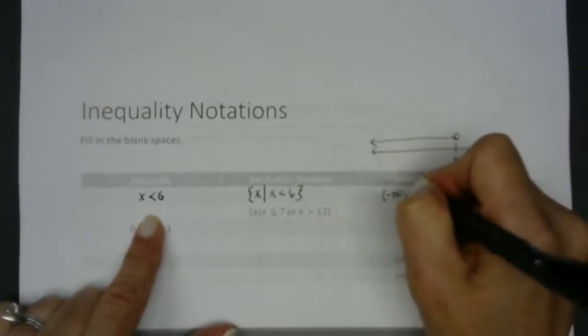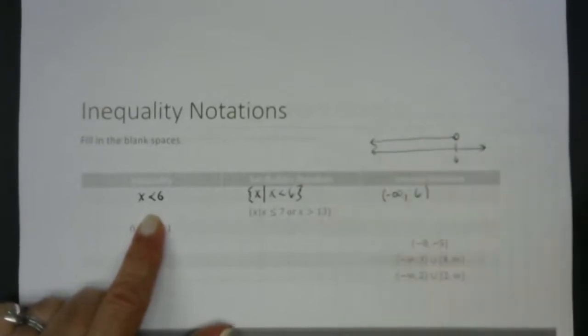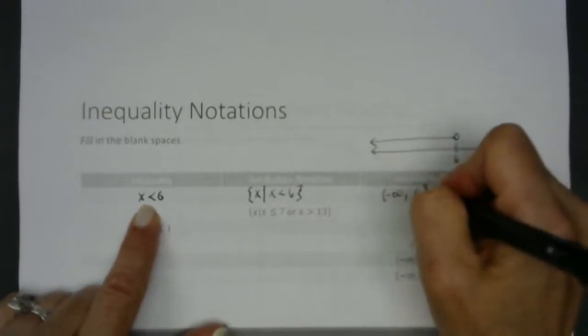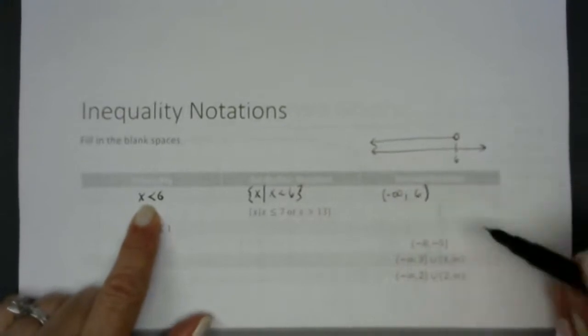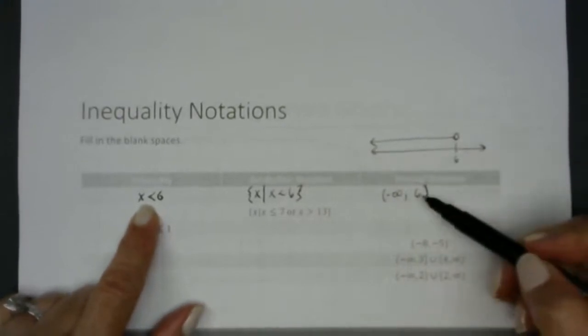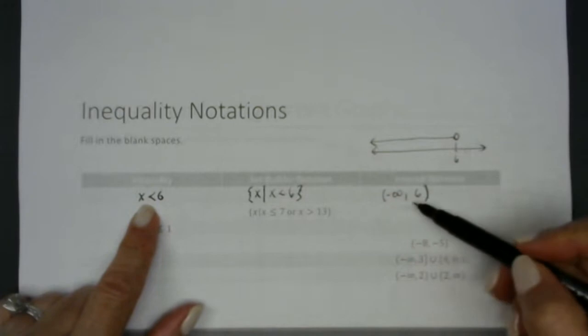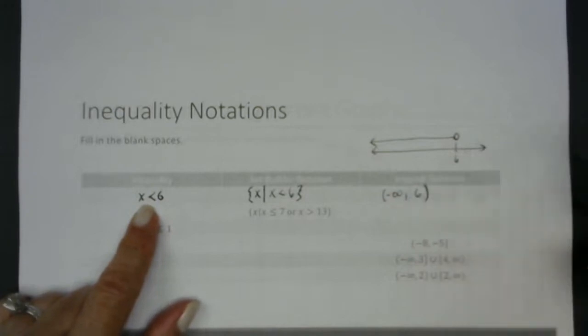My upper boundary is going to be 6, and I want to use a parenthesis because I'm not saying less than or equal to here. It just says less than. So I do need to exclude that boundary of 6, that actual value of 6. 5.99999 is in that interval, but 6 itself is not included in the interval.